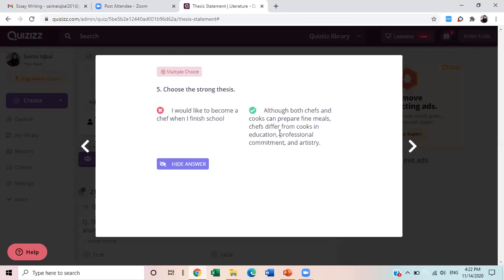In the second one, you have a margin to give examples, give facts, and prove your claim. You are making a claim. When you say that chefs differ from cooks in education, professional commitment, and artistry, there are three reasons you have given. Remember, I told you that the thesis statement has one main idea and three examples, or three reasons, or three steps.